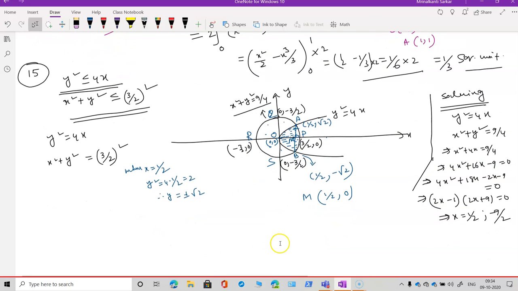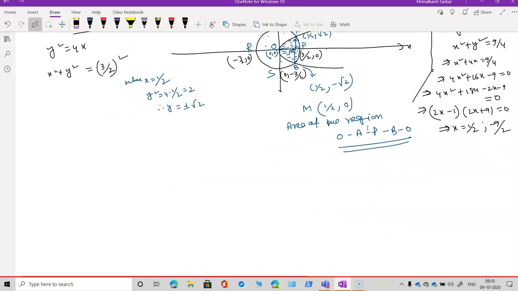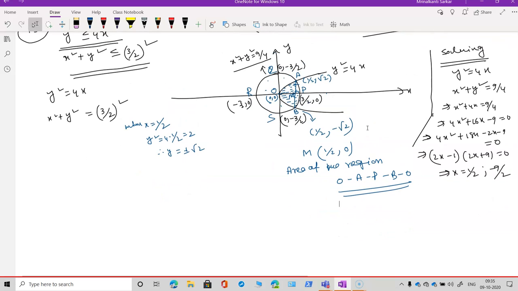Even to do flawless calculation, you will write area of the region. We find area of the region O, A, P, B, O. This region. Then everything is very clear. So what we will do here, again we take the advantage of symmetricity of the curve. Y square equal to 4x, symmetric about x-axis.